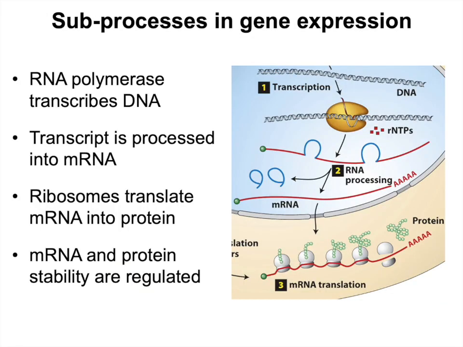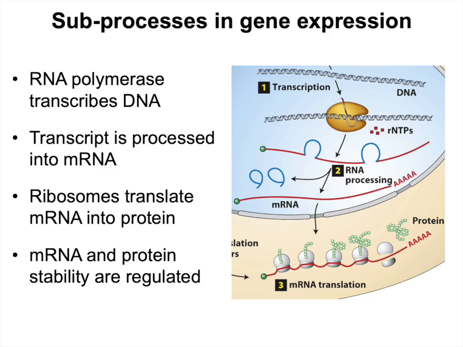Gene expression controls how a gene directs the production of protein, but the whole process of gene expression comprises several steps. You will remember that as transcription occurs, the resulting RNA molecule, the primary transcript, is processed by the splicing machinery into a mature messenger RNA, which is later exported from the nucleus into the cytoplasm.